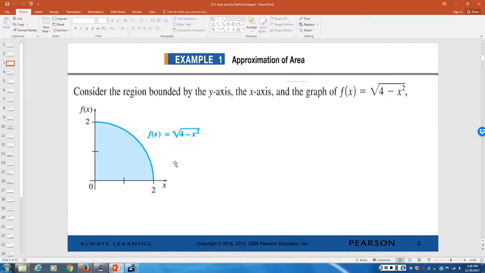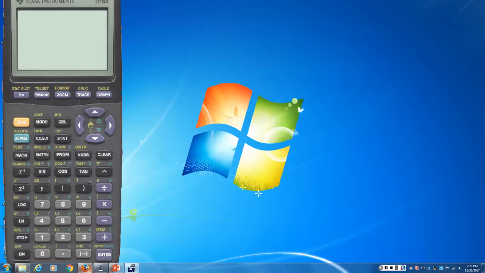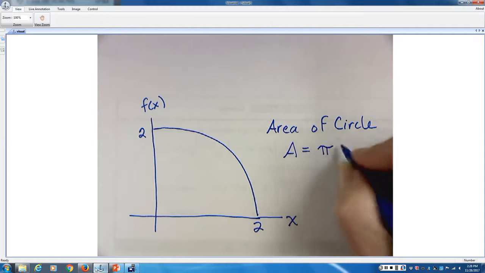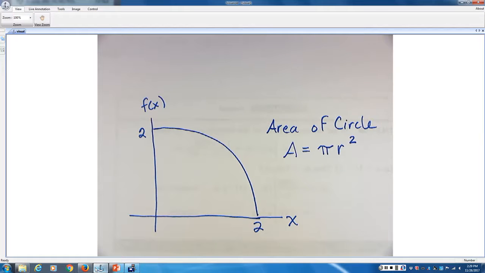How do you find the area of a circle? Anybody remember that formula? Formula for the area of a circle is pi r squared.